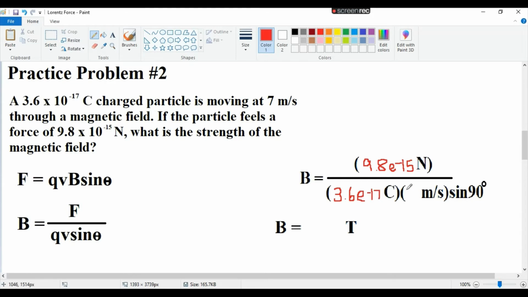And then our meters per second is 7. And if you go through and do the calculations on this one, we're going to get a magnetic field strength of 38.89. Of course, I'm rounding.